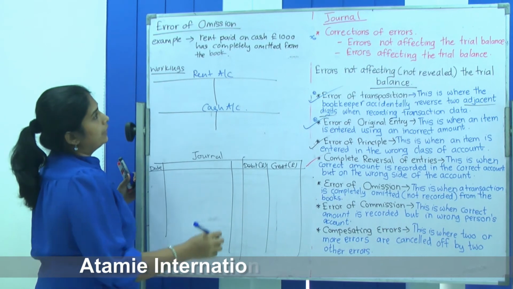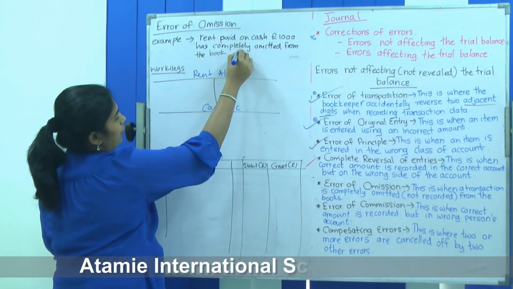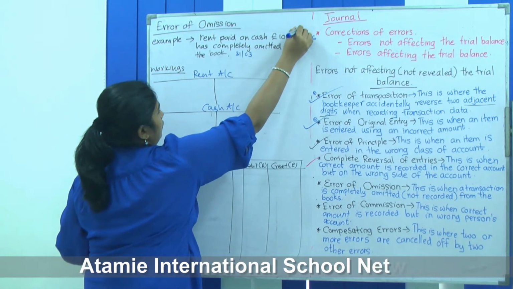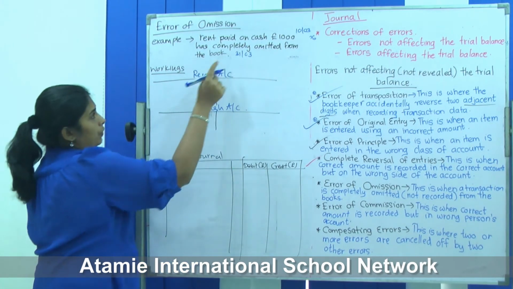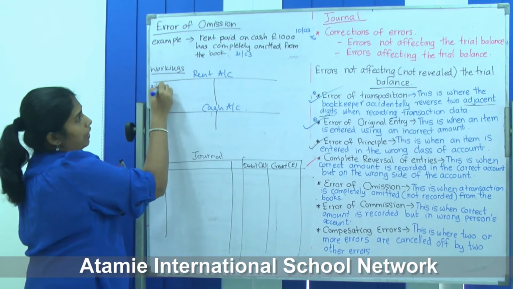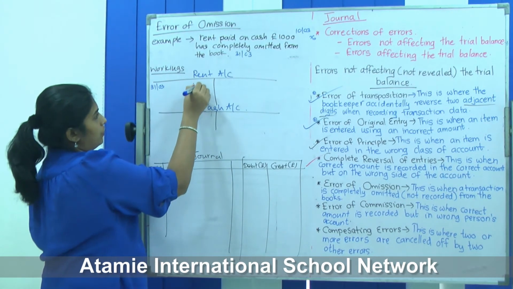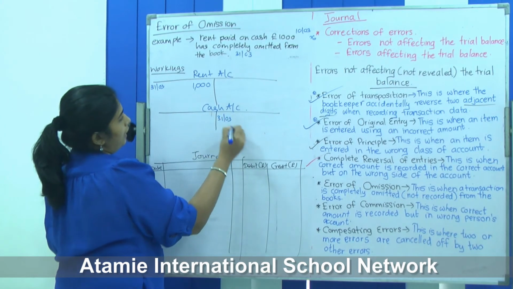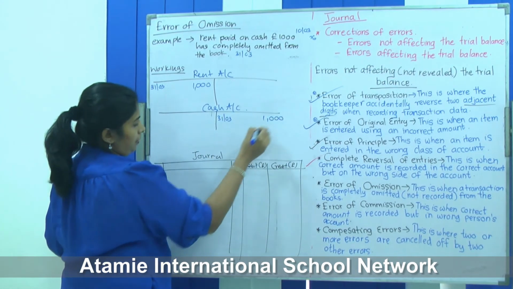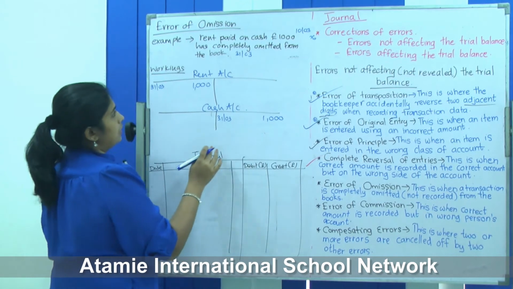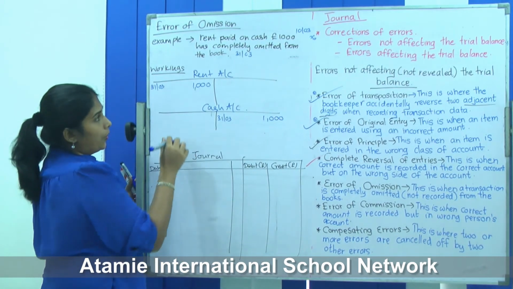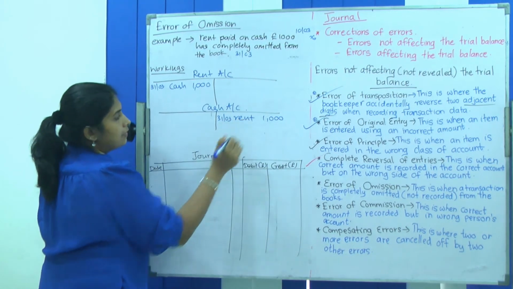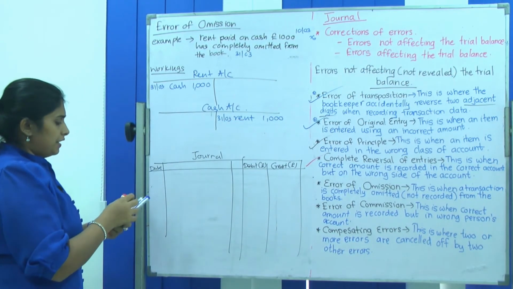Rent account will be debited. The error was found on 31st March; they did it on 10th March. So rent increases, so the rent account should be debited, and on 31st March the cash account should be credited. That is an easy error.